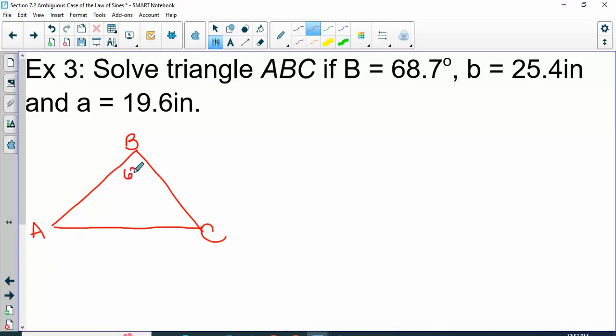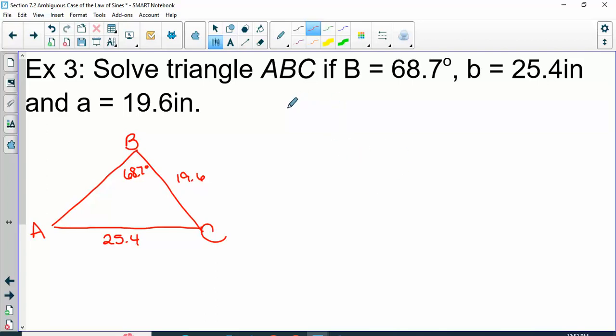So angle B, 68.7 degrees. Side B, 25.4 inches. Side A, 19.6 inches. So we set this up.